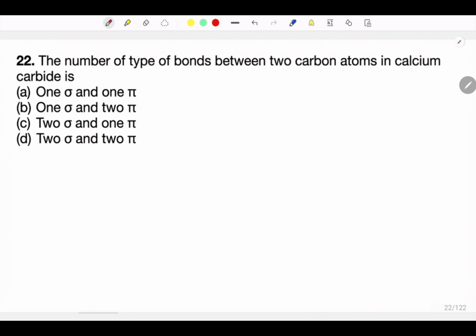Coming to question number 22: the number and type of bonds between the two carbon atoms in calcium carbide. Basically, calcium 2 plus and C2 2 minus, cations and anions, are present in this compound. This C2 exists in the 2 minus state.